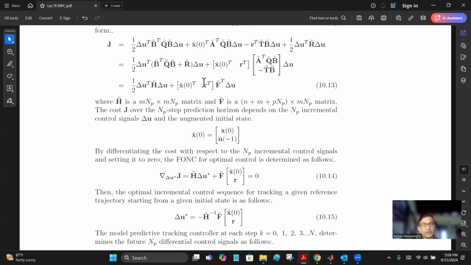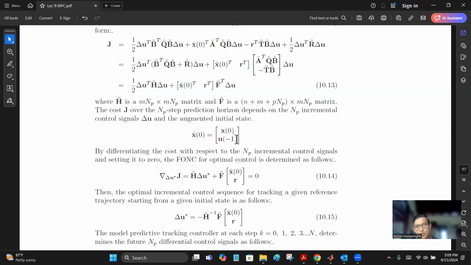With this slight redefinition, you now made the same pattern here, this equation. Now the initial condition here is X0 and U minus 1, because when delta U is 0, it comes with UK minus 1, the previous control signal plus the differential signal. So this is the new initial condition, and UK minus 1 means previous signal.